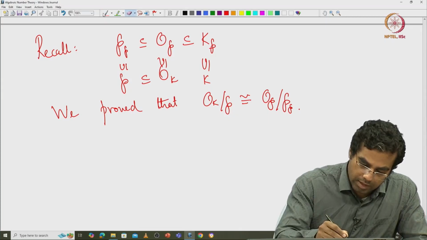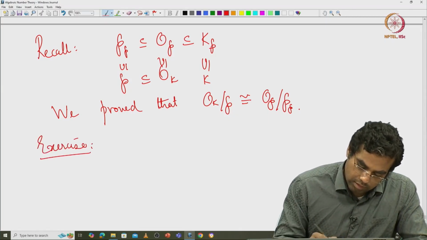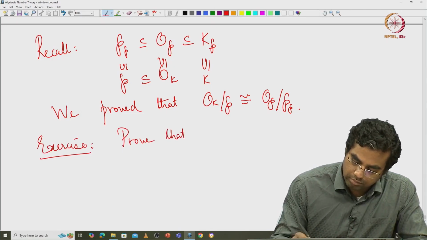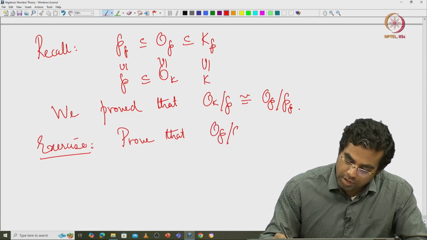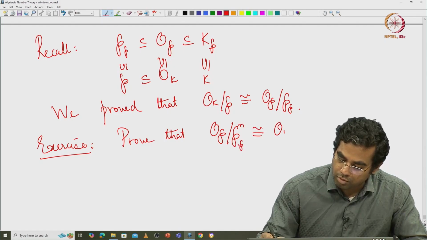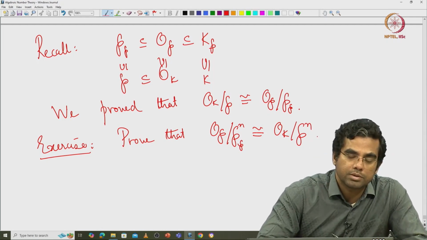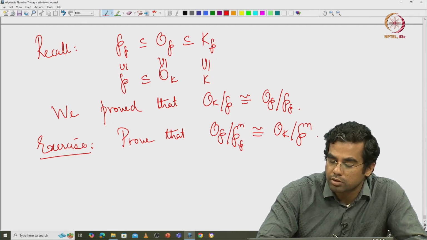This is just like last time I gave. So exercise, prove that OP mod P sub P to the n is isomorphic to OK modulo P to the n. Okay, so this isomorphism that we got mod P, it extends to an isomorphism modulo P to the n.